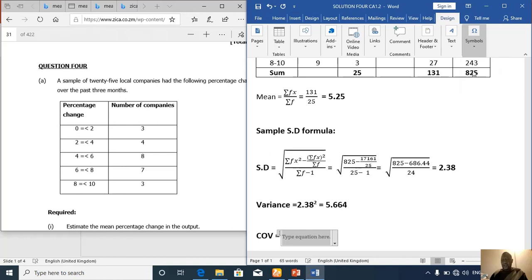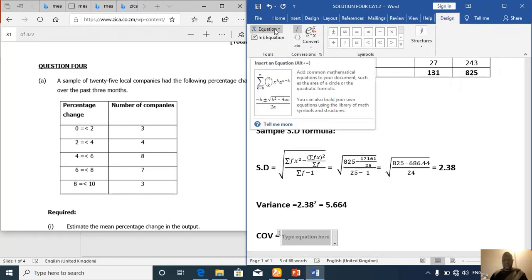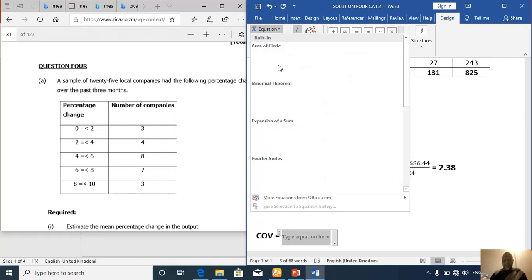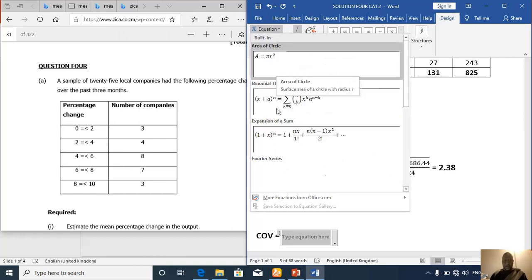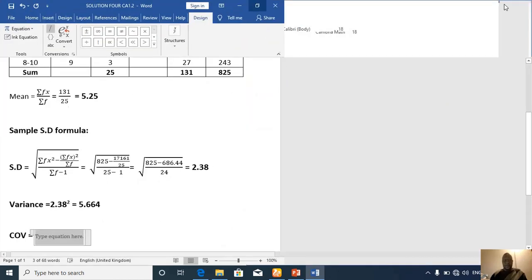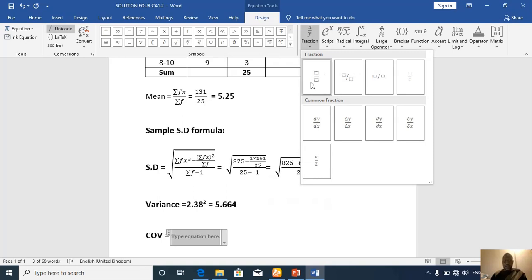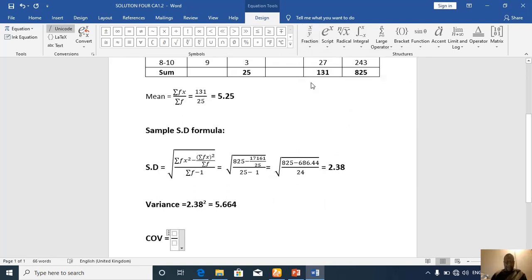Let's just insert a simple formula there that can help us to work this out.